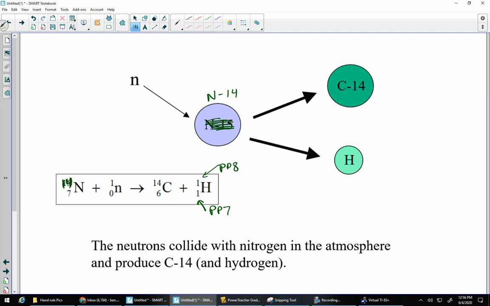Okay, perfect. So here is the nuclear reaction. This is not a decay reaction, and there's tons of different nuclear reactions that can happen. Not one of our 3 decay reactions, but we've got that fast-moving neutron collides with nitrogen-14, remembering that like 70% of our atmosphere is nitrogen-14. As it collides with it, it kicks out a hydrogen, and it also creates our carbon-14. So there's a big part of our carbon dating.